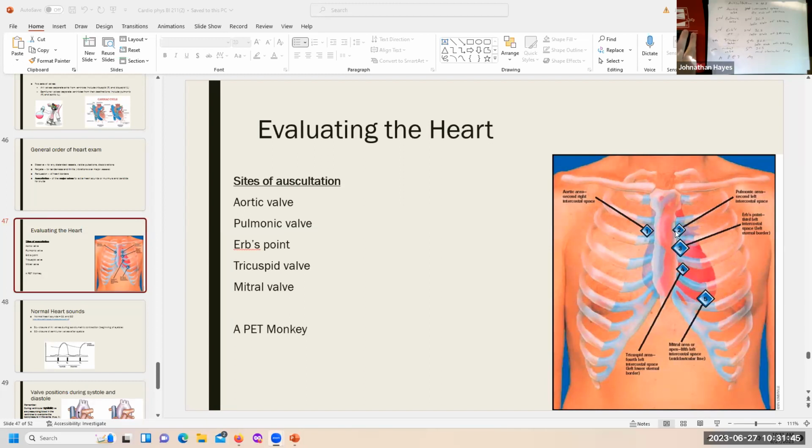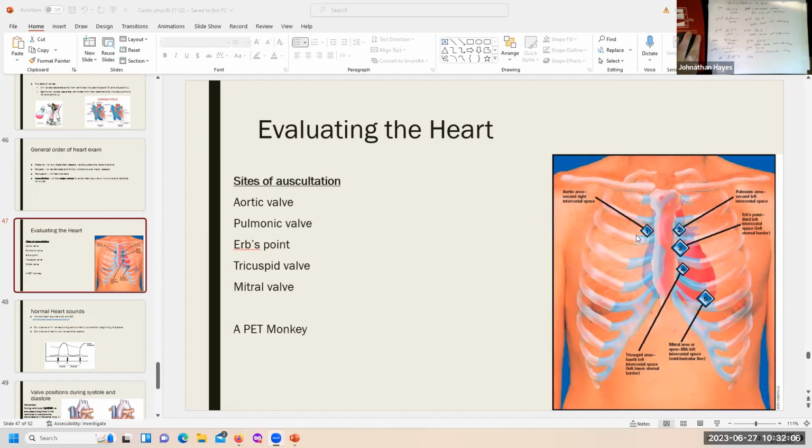So that's the sites of auscultation. So the first site of auscultation, second, third, fourth, we dropped ours down one. Fifth site of auscultation is aortic, pulmonic, Erb's point, tricuspid, mitral, or a pet monkey.